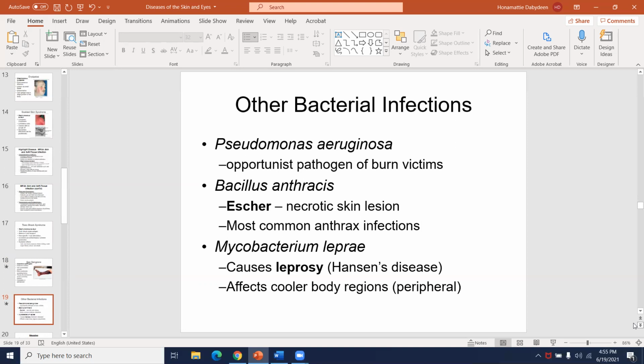And then we have Bacillus anthracis. Remember, this is the organism that causes anthrax. We talked a little bit about Bacillus when we were doing, I think, also the spore stain. We talked about the anthrax bacillus, and we also talked about cutaneous anthrax. So we have pulmonary anthrax and cutaneous anthrax, the wool sorter's disease.